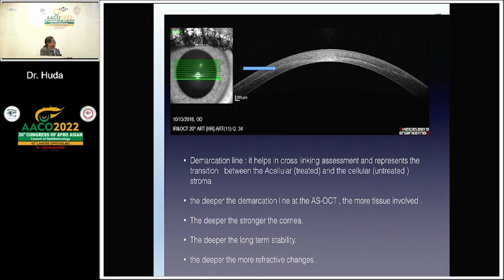So the demarcation line, we look at it exactly 1 month after surgery, and it can stay up to 2 months; 3 months after that it will disappear. When you look at it, if it is more than 250, that means you have a good result. Actually, it is between 180 to 250. So this is the first mark after the surgery that we should look for, and it gives us a clue about the success of our surgery.